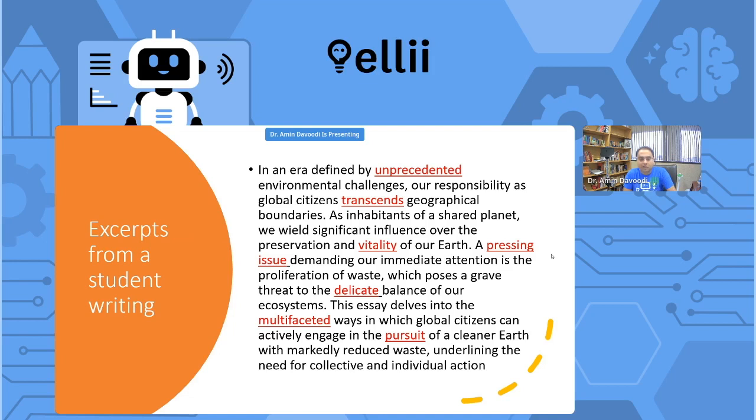In an era defined by unprecedented environmental challenges, our responsibility as global citizens transcends geographical boundaries. So, those words which are highlighted, underlined in red, are the ones that Jack was kind of sure that the student probably doesn't even know the meaning of, doesn't know how those words should be used in a sentence.